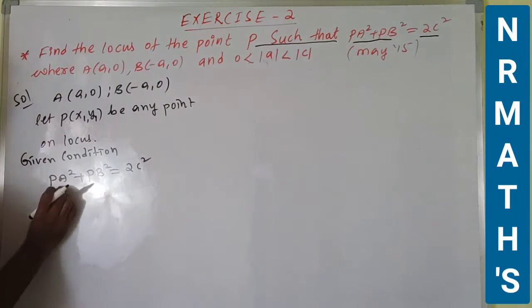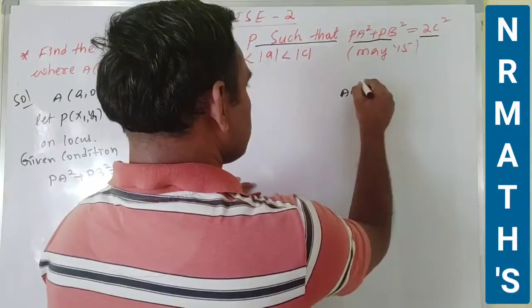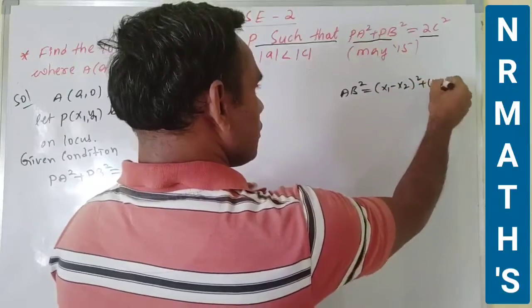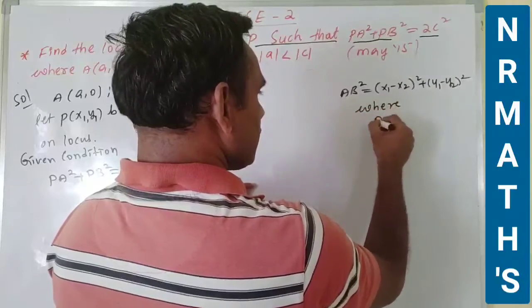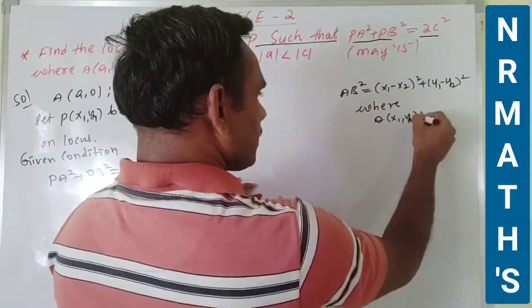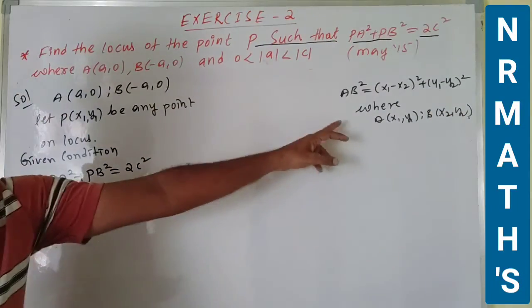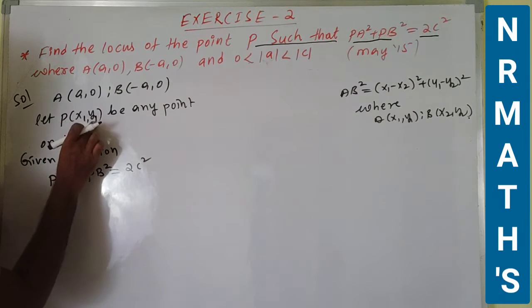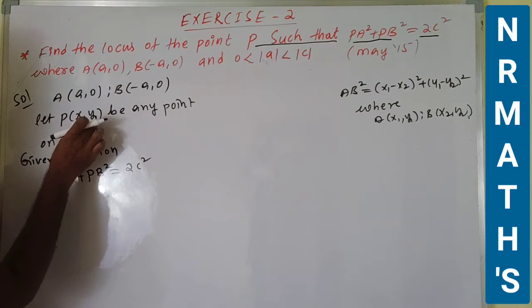Now for PA square we use the distance formula: AB square is equal to (x1 minus x2) whole square plus (y1 minus y2) whole square, where A is (x1, y1) and B is (x2, y2).